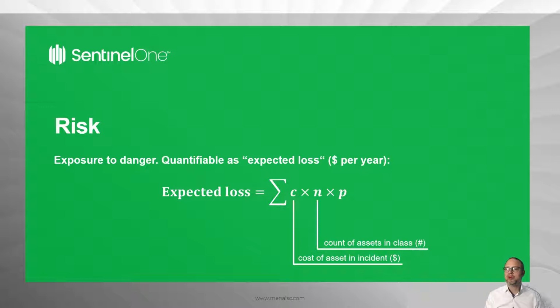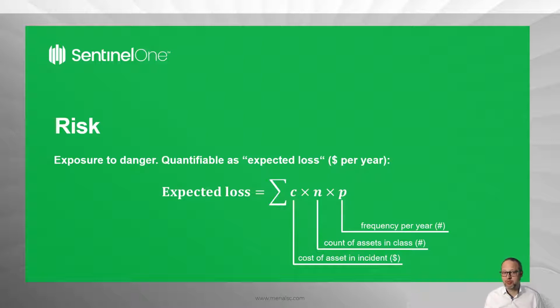And then you will have a frequency at which it occurs. How often does it occur? What is the probability of a particular asset being involved in such an incident? And then you create the sum across all of the different asset classes and types of risks that you have, and then you know what your total expected loss is in a year from cybercrime and from any risks to the CIA goals.